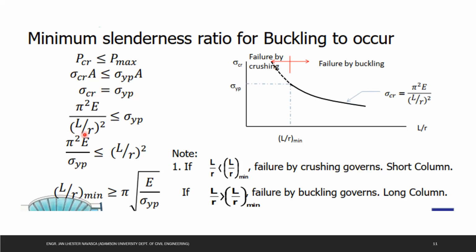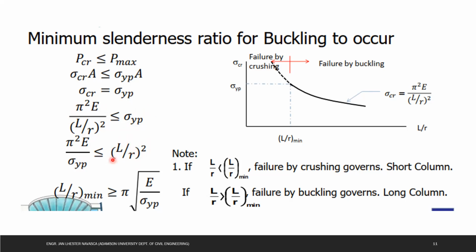So our demand is pi squared E over (L over r) squared. This is your demand load, and this is your capacity, which is sigma YP. Then pi squared E over sigma YP, you have these notations, (L over r) squared.